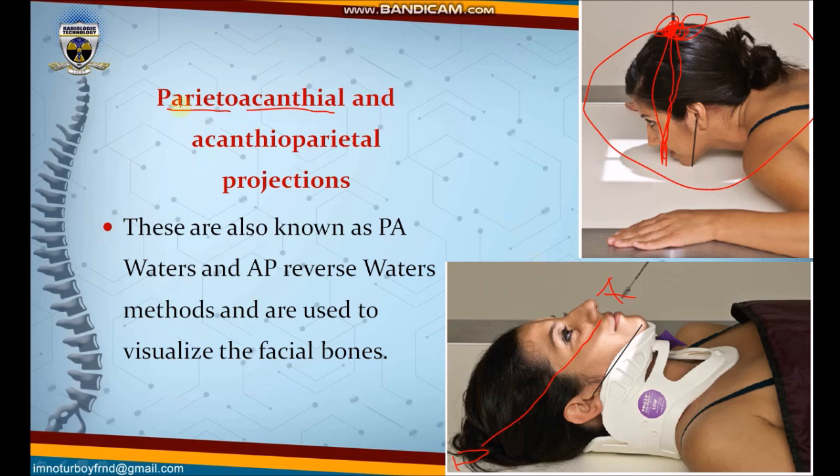Okay? So again, if it enters the parietal and exits the acanthion, it is still PA, but this time it is more specific: parieto-acanthial projection. Entering the acanthion and exiting the parietal is the acantho-parietal projection.